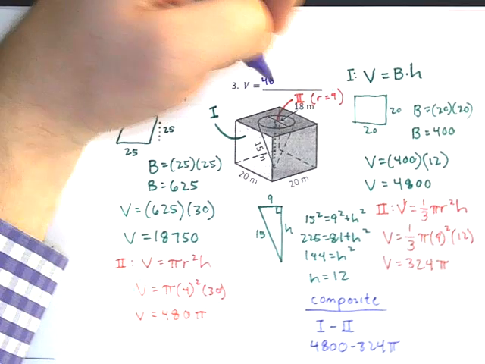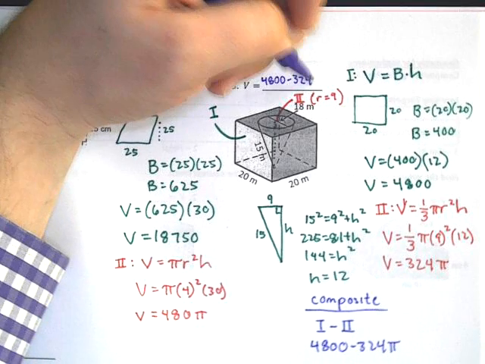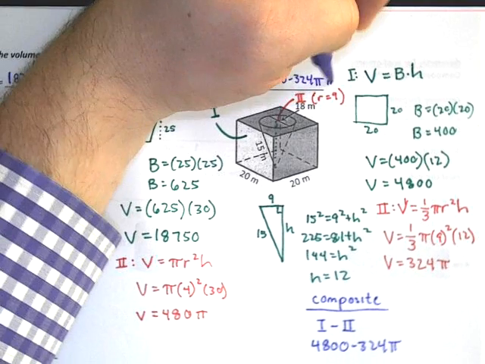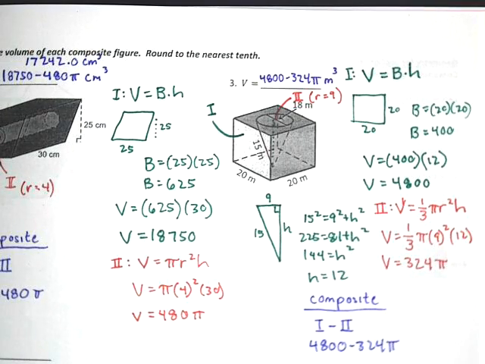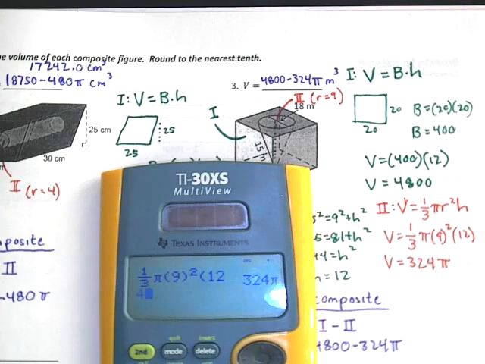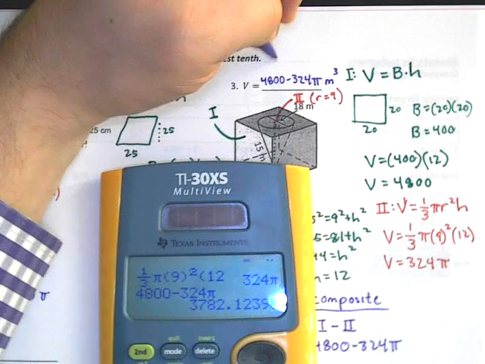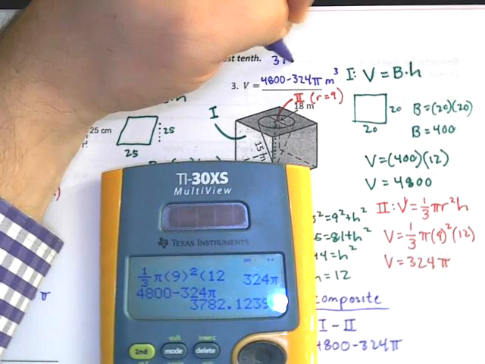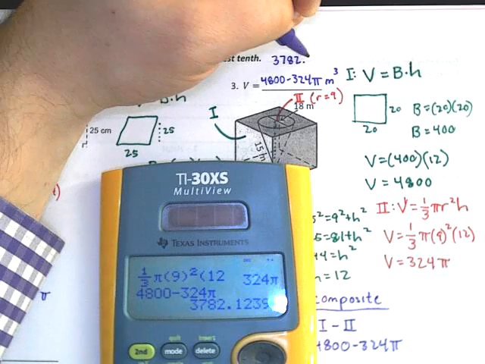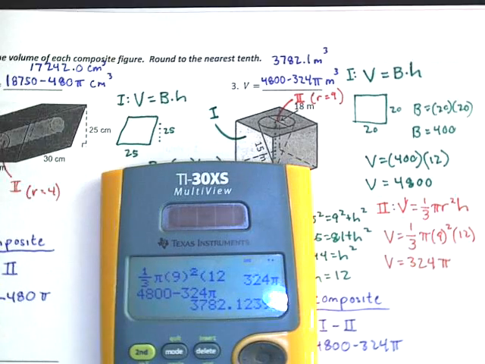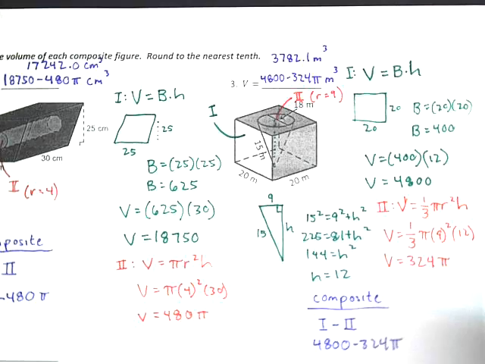So 4,800 minus 324 pi, and that would be in meters cubed. If you want, you could go ahead and type that in, minus 324 pi, and you could round it to 3,782.1 meters cubed. Both answers perfectly acceptable.